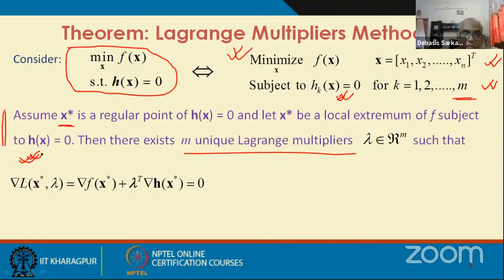What is this condition? The gradient of the Lagrangian function will be equal to 0.